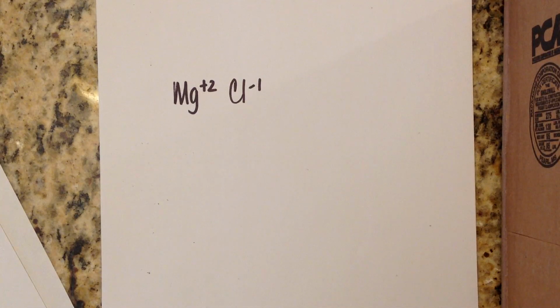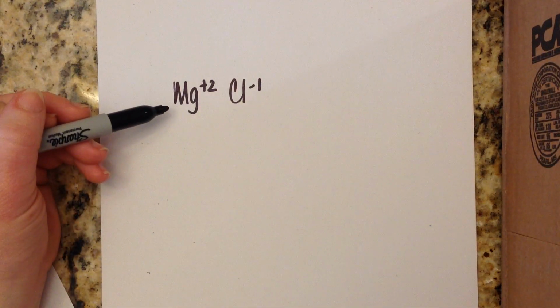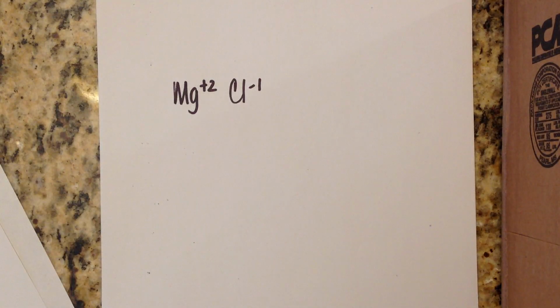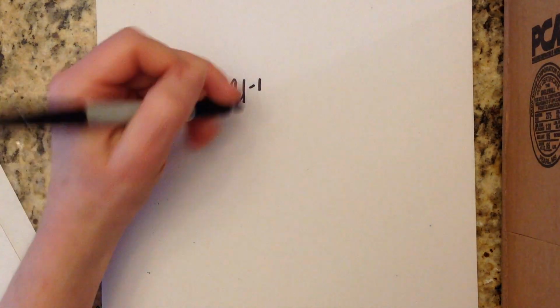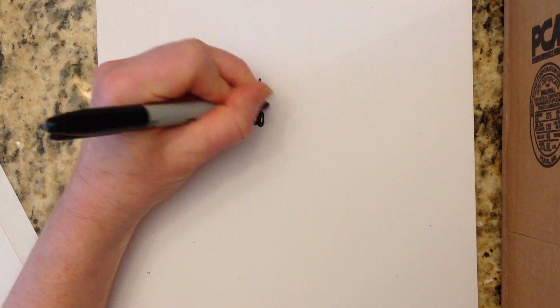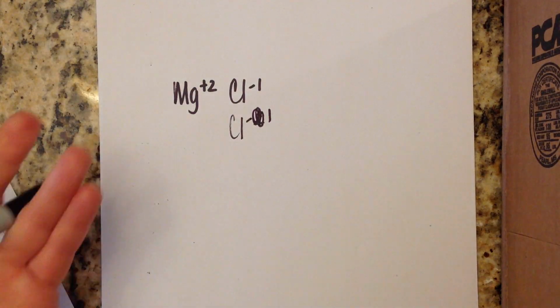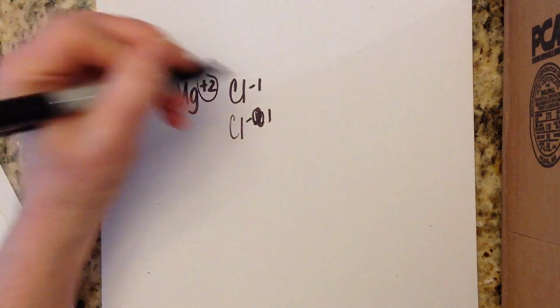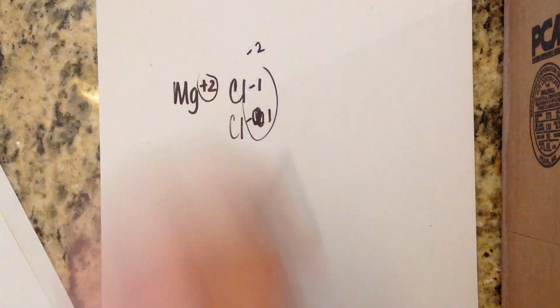So Mother Nature says, okay, magnesium has a +2 charge and chlorine has a -1. It would make sense if I put 2 chlorines, -1, 2 chlorines with 1 magnesium, because this has a +2 charge and these two together have a -2.